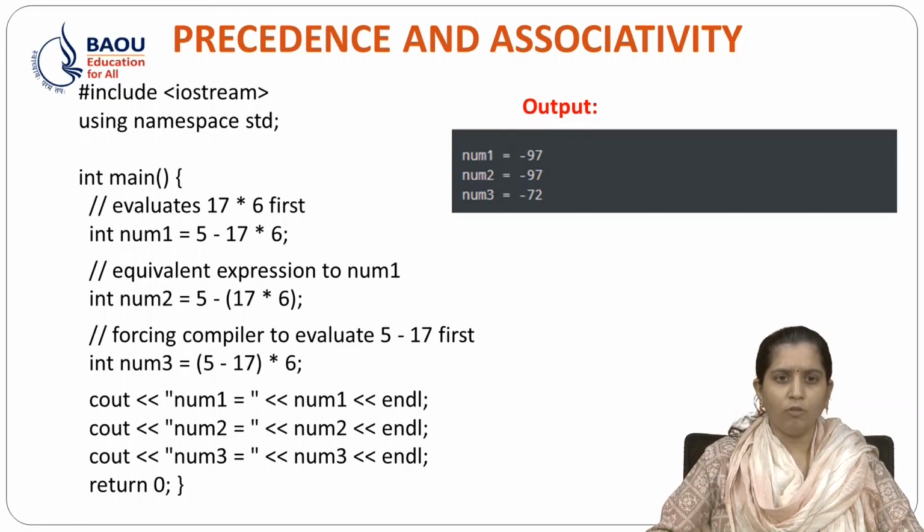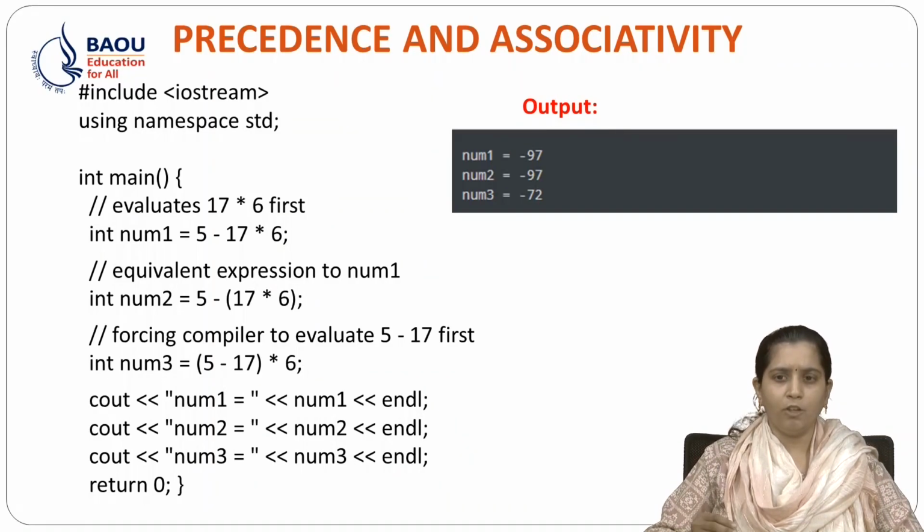So, according to the precedence of the operator, first 17 into 6 will be evaluated, and then the result of 17 into 6 is subtracted from 5. Like we use BODMAS in our day-to-day life.